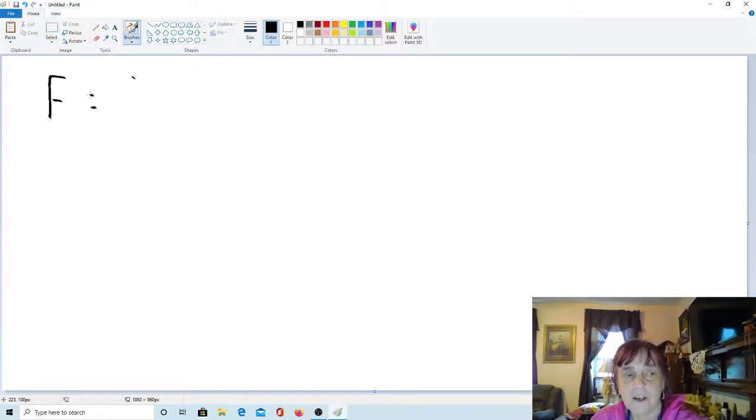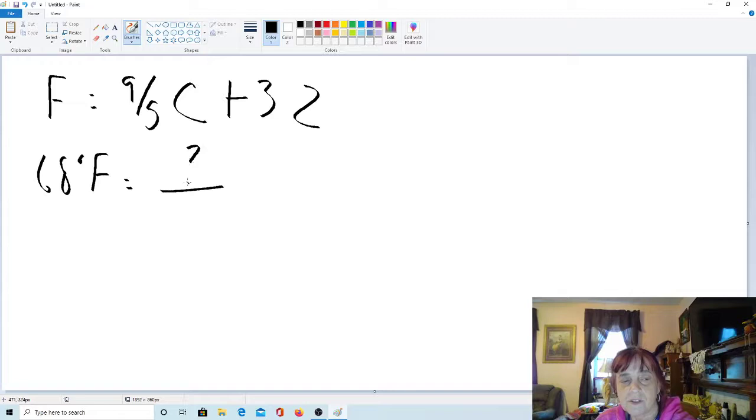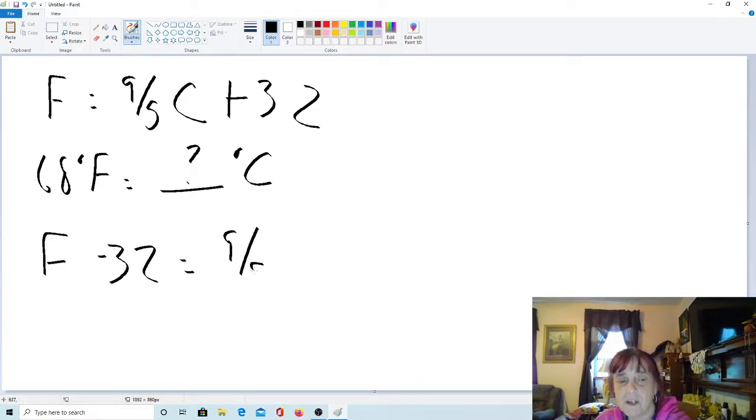So F equals 9/5 C plus 32. And 68 degrees Fahrenheit is how many degrees Celsius? So you solve this for C. F minus 32 is 9/5 C. Multiply both sides by 5/9 or divide by 9/5.